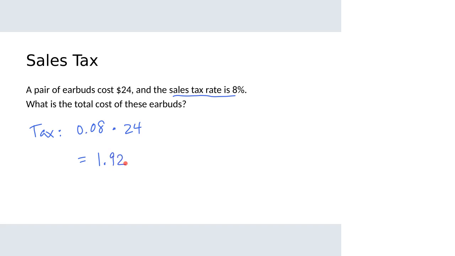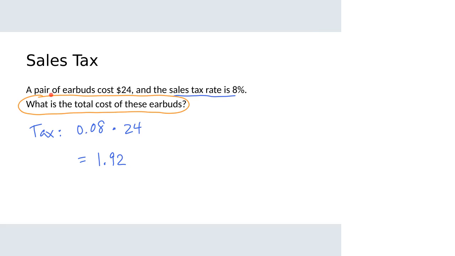Here's where you have to be a little bit careful. We kind of got in a little routine there where we would read a question, turn it into an equation, solve that equation, or in this case, simplify, and then have an answer and be done. Please be careful. Make sure you answer the question that's being asked. Because this says, what's the total cost of the earbuds?